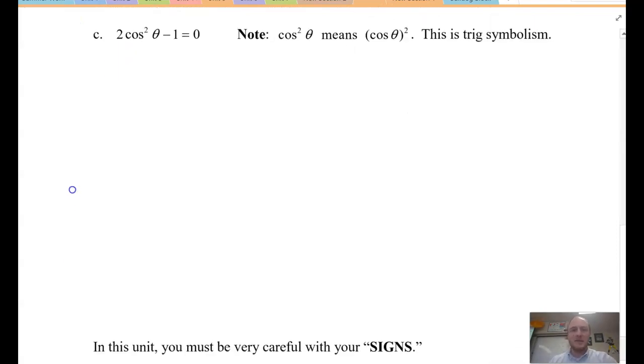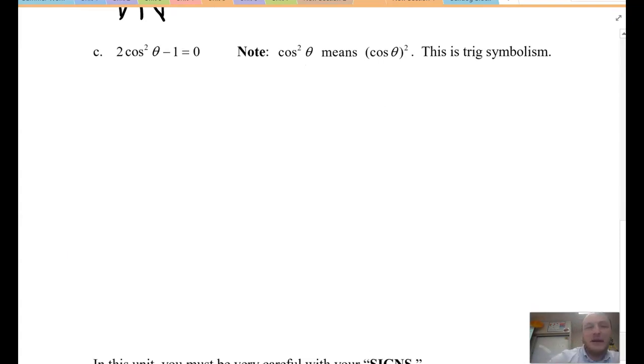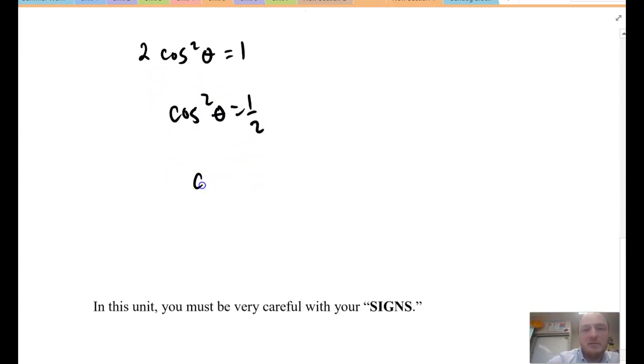All right, last one. Here, part C, it says to solve this equation, and this one is pretty straightforward. I'll add 1 to both sides, divide by 2 on both sides, and then take the square root of both sides. Cosine of theta is 1 over root 2, and that's root 2 over 2.